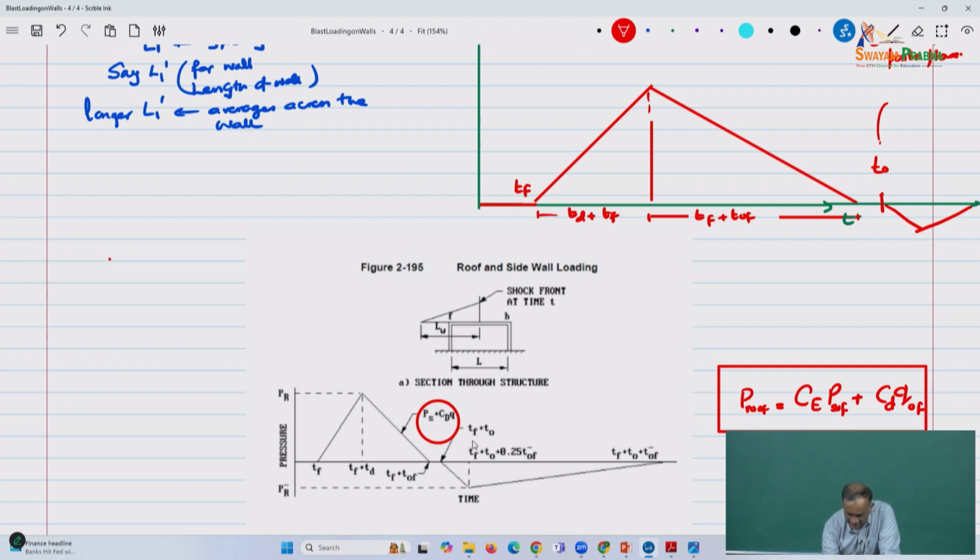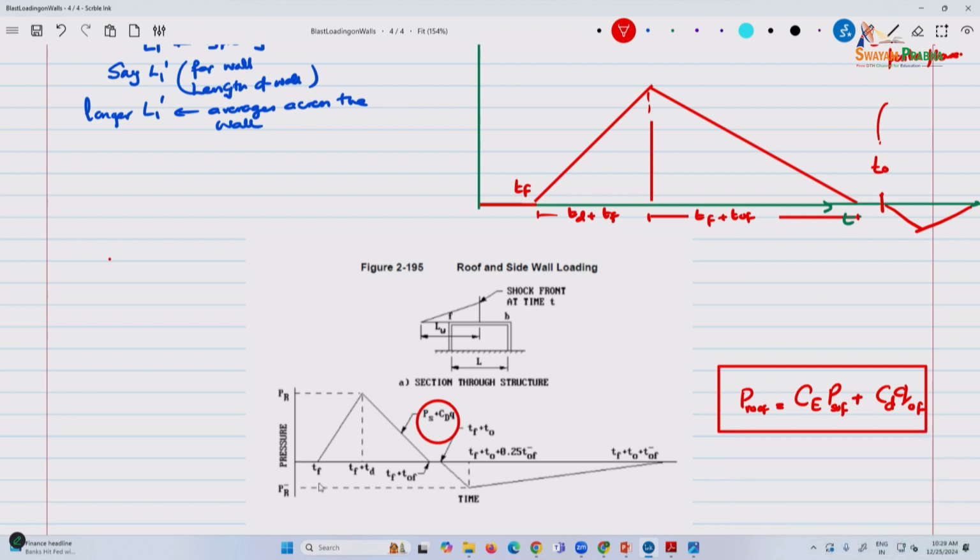And the negative phase, you have your arrival time TF plus T0. This is your arrival time, depending on where you consider. If you're considering the back part of the wall, the TF arrival time could be the same as the front part of the wall if it is the first foot of the wall.